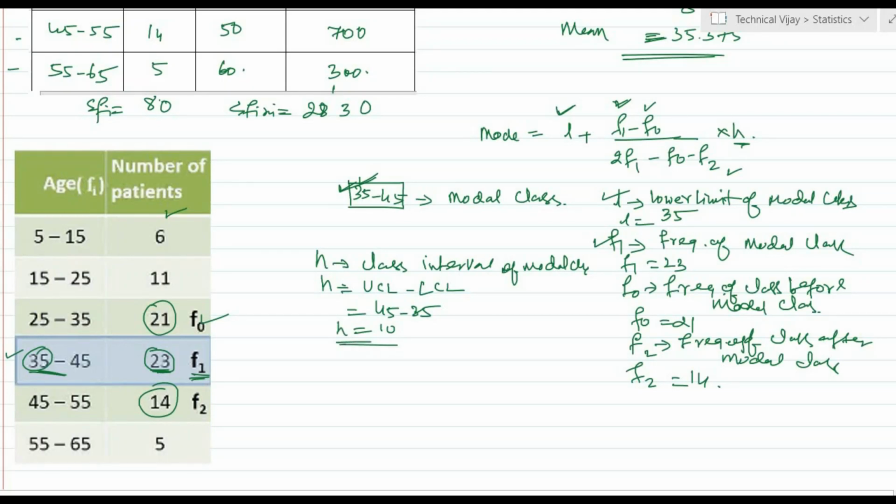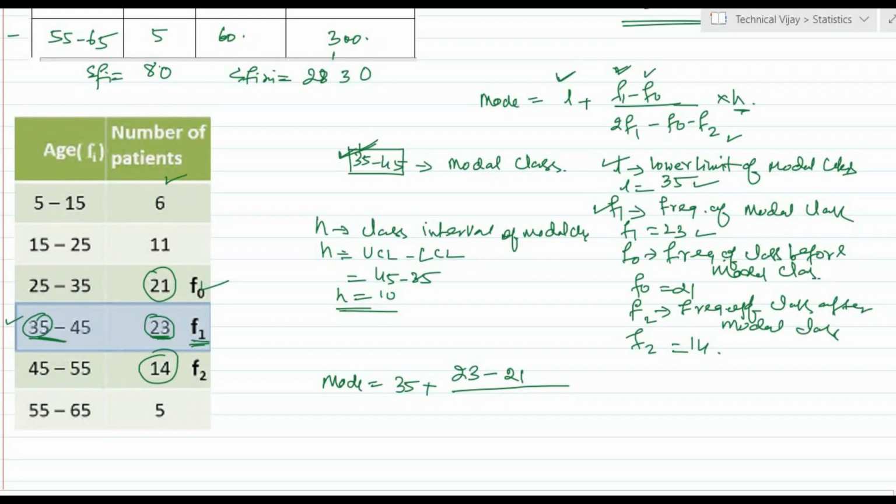Now we will substitute these values in the mode equation. So mode is equal to L. L is nothing but the lower limit of the modal class. Here in this case it is equal to 35 plus F1, that is 23, minus F0, 21, divided by 2 into F1, that is 2 into 23, minus 21 minus 14, into 10.